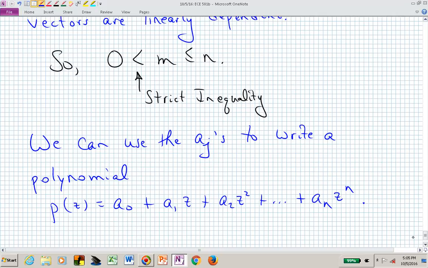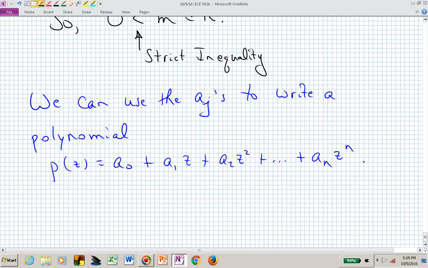But what do we know about a polynomial of nth order? We can find a root, can't we?